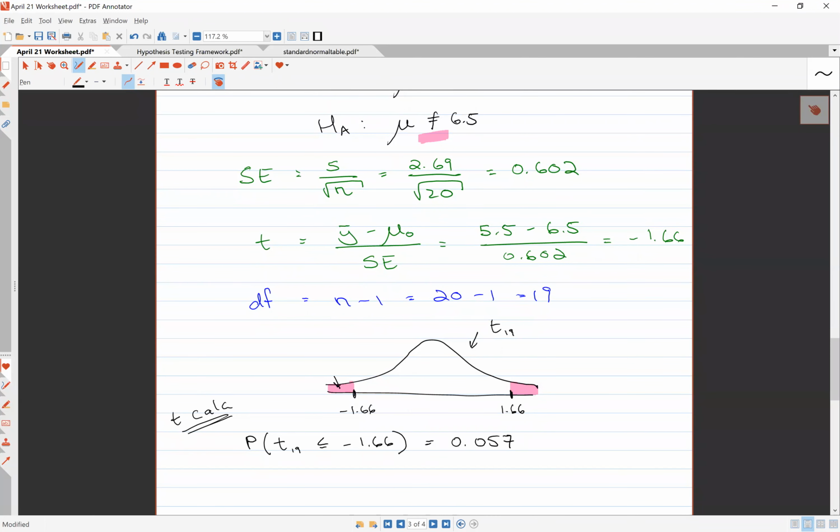So that corresponds to one of the tails, but because the t-distribution is symmetric, the other tail has to be exactly the same. So my p-value is 2 times the 0.057 because it's both tails, since my alternative in this case was non-directional. And so that means that my p-value is 11.4%.